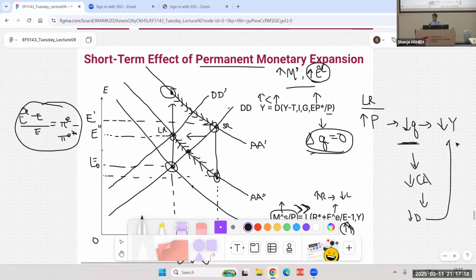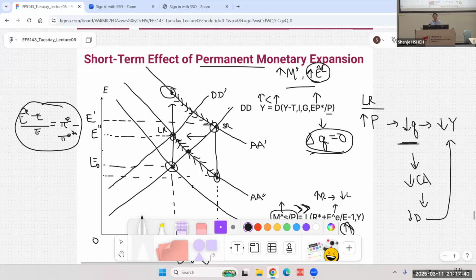And then that's going to push down output, right? Contraction, because demand has shrunk. So because we held E constant in that sort of analysis, you have to translate this effect as a leftward shift of the DD schedule. So the entire schedule shifts to the left.